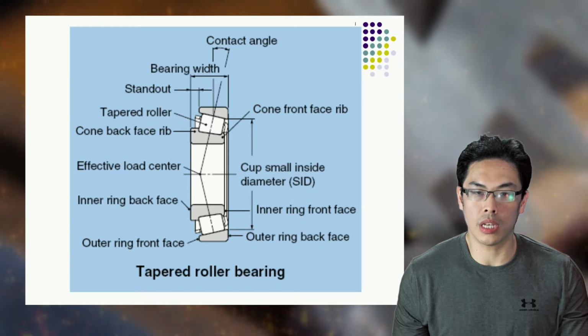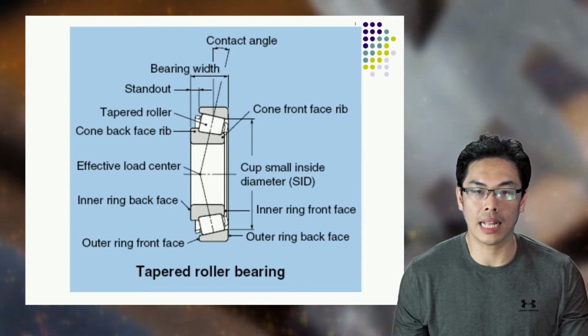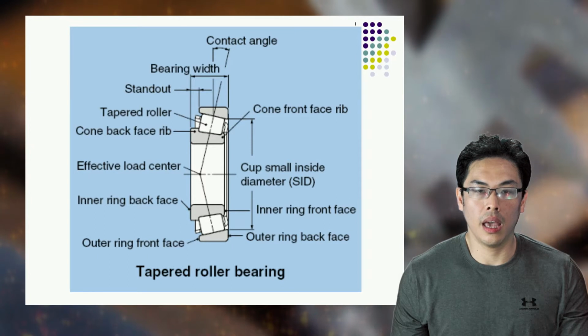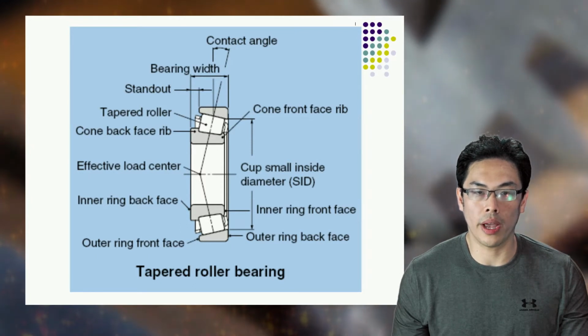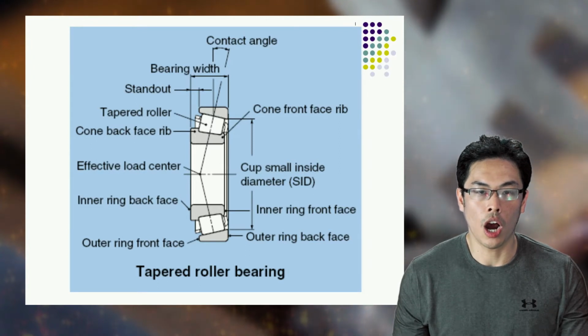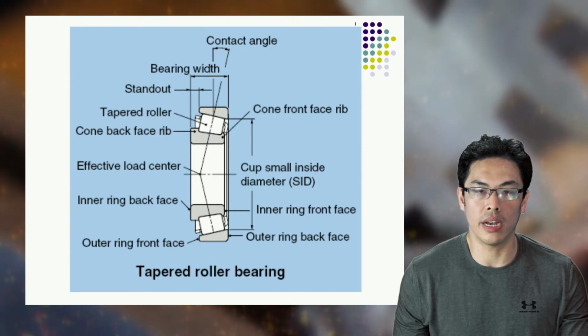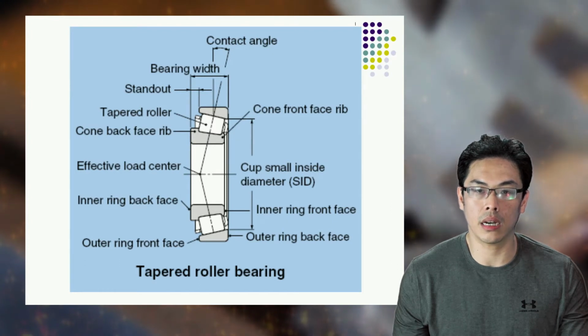Tapered roller bearings are rolling element bearings that can support axial forces as well as radial forces. The inner and outer ring raceways are segments of cones, and the rollers are tapered so that the conical surfaces of the raceways and the roller axis, if projected, would all meet at a common point on the main axis of the bearing.